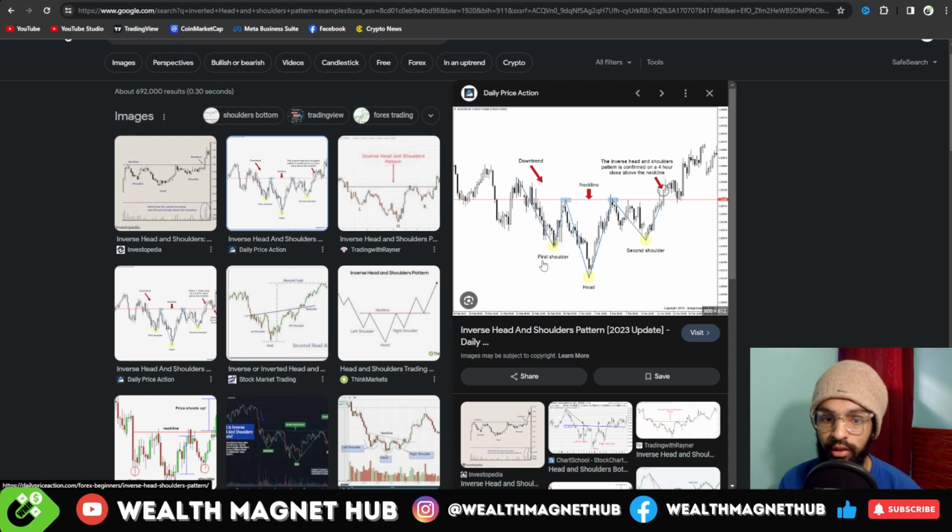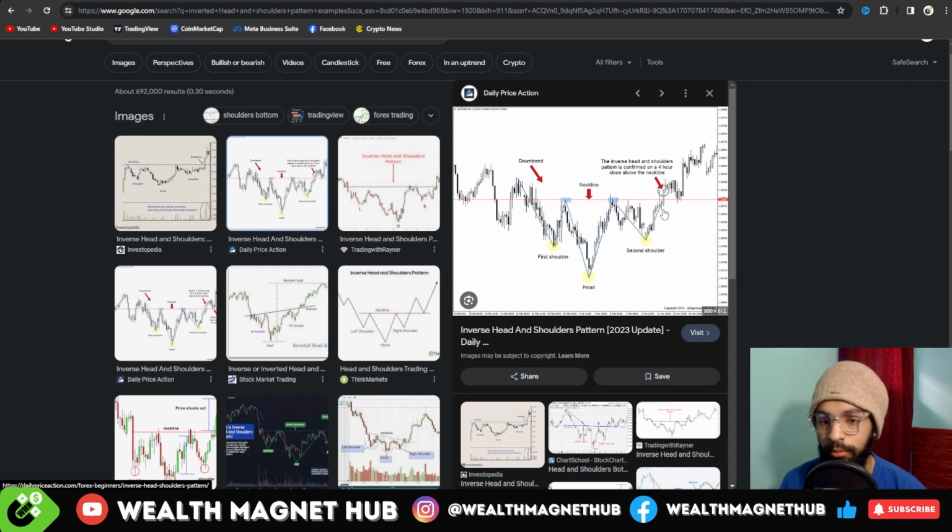So the first shoulder is smaller than the head, and now we have the head in the middle. Then the price goes back to the neckline once again, and we create a second shoulder near identical to the first shoulder. That completes the pattern, and after that we are supposed to see a breakout in the upwards direction.